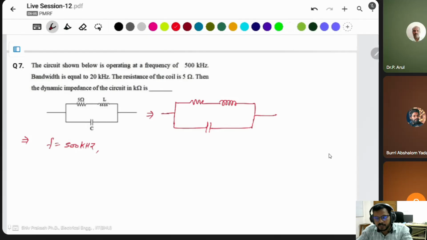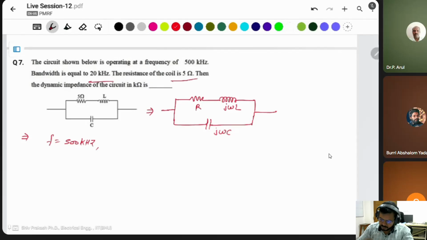If the circuit is different, then you can't use the direct formula. The dynamic impedance will have R, j omega L, and 1 upon j omega C. The values of omega L and omega C are not mentioned; you have to find them from this. Sorry, the resistance is given as 5 ohm.